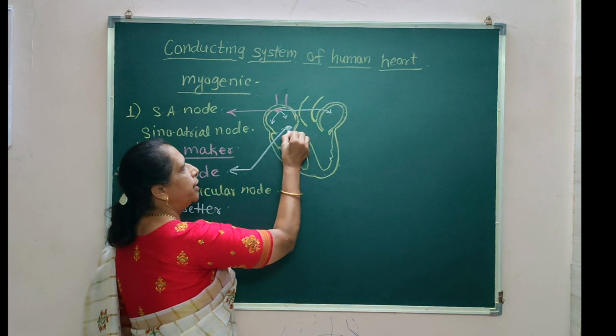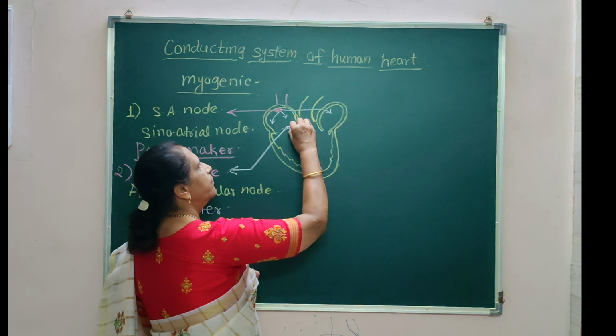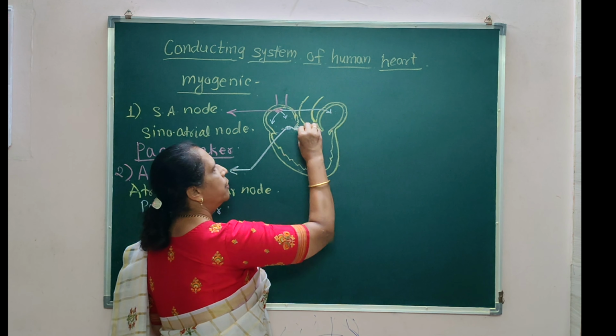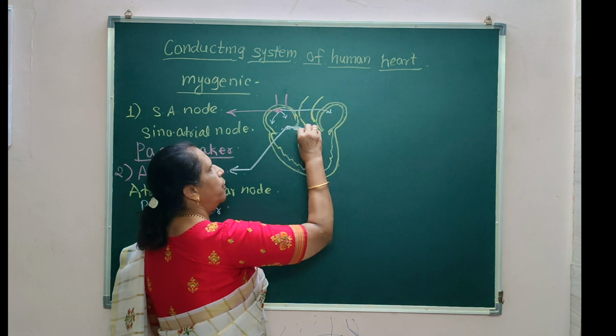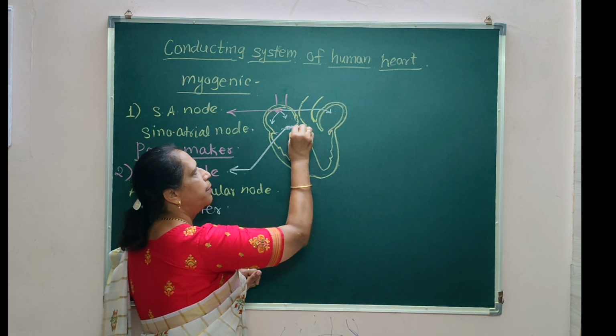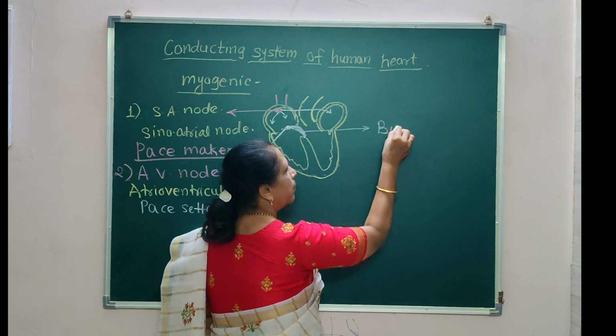The AV node is situated in the right atrium at the lower side, and then the impulse transmits to this part, which passes the impulse through the bundle of His.